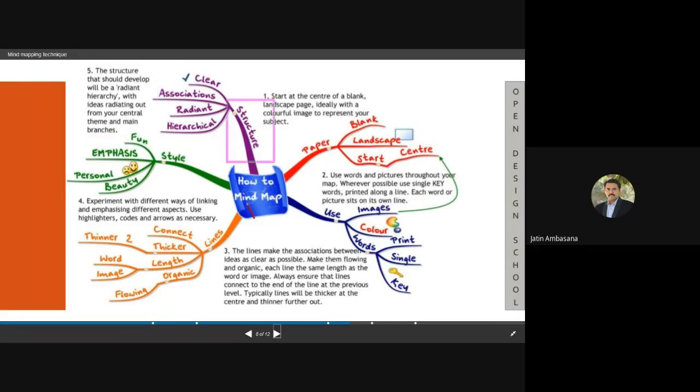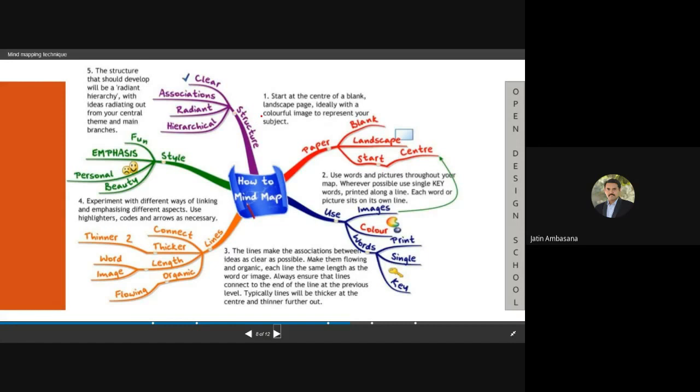This itself is a mind map that follows a particular structure that is very clear. There are clear associations, and it is very much radiant and also hierarchical. Hierarchy is followed, you see.